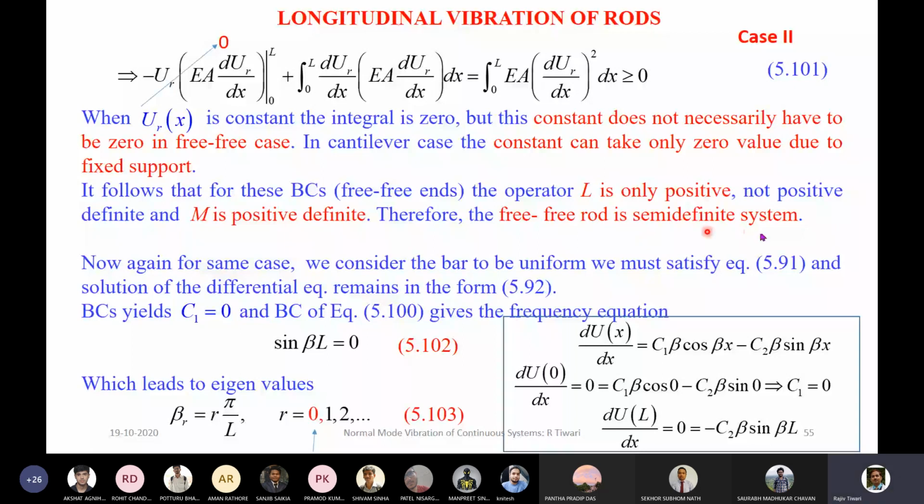So one extra natural frequency equal to 0 comes, which belongs to the rigid body mode, having all the particles in the system with the same displacement. So beta L gives us n pi, because sin is 0 for every n pi. This is the frequency equation, because beta is related to the natural frequency.